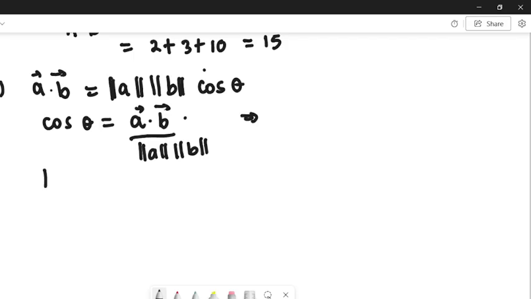So we have our magnitude of A is equal to the square root of, our vector A was 2, 3, 2. You can see it here.